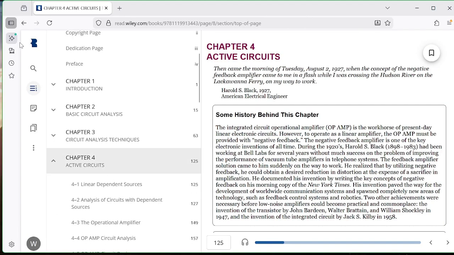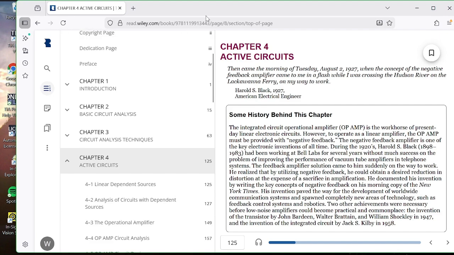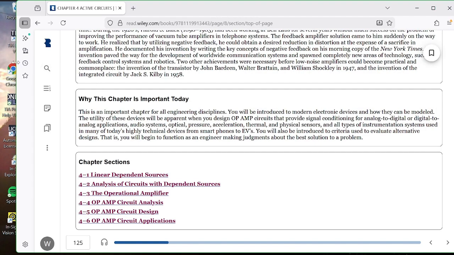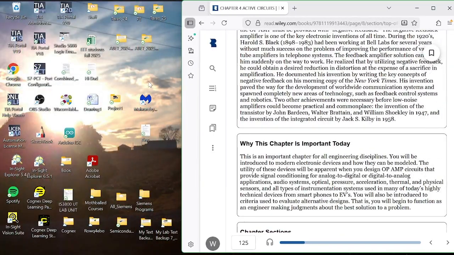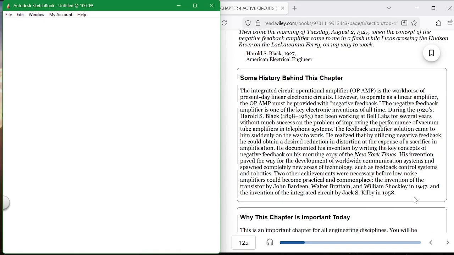So why is this chapter important? They mentioned in this section right here, I've got to get you onto the right screen, the invention of the transistor and the integrated circuit and all the other stuff that they did up here.